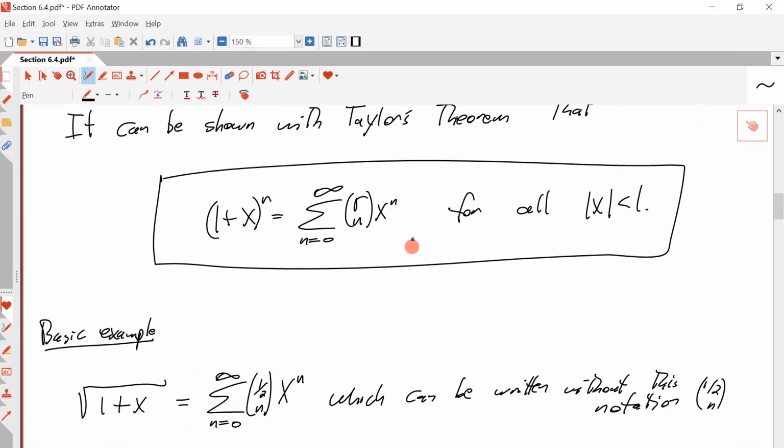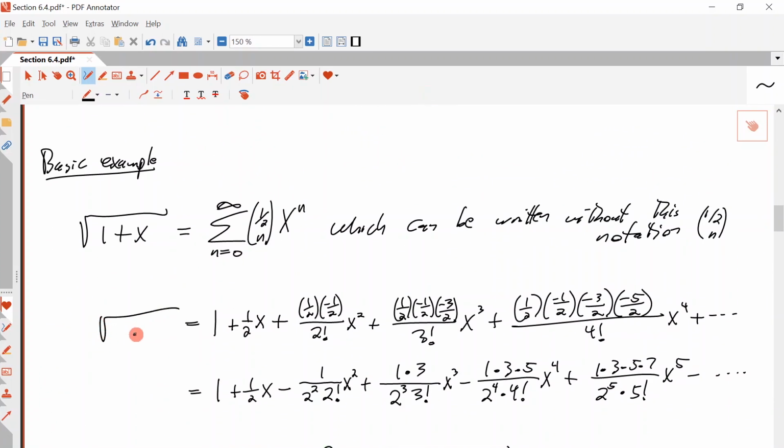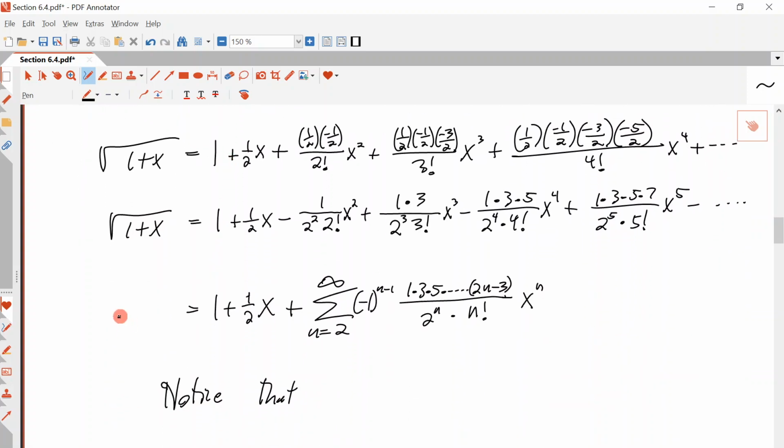So this is the square root of 1 plus x. Notice that this is an alternating series converging absolutely.